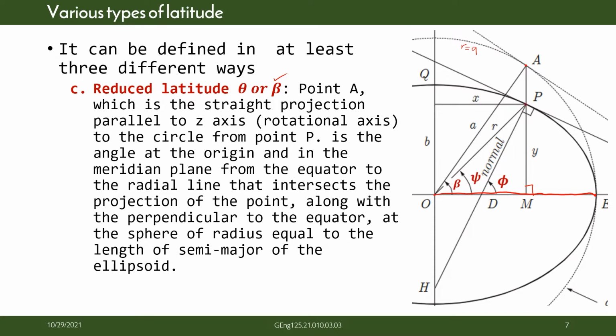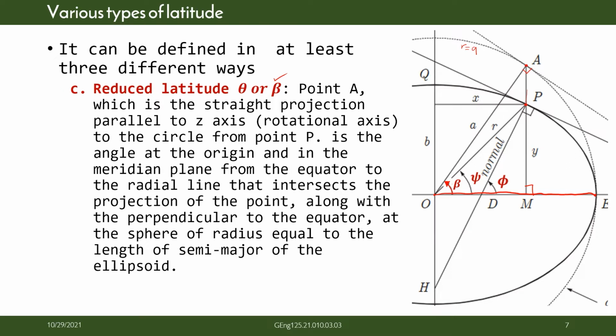Here we have the same point, but we project it up until we intersect the circle. How do we project this? It is parallel to your rotational axis. Once we intersect, then we have your point here. From here, that is normal, then we project it to the center, thus forming a line, and we project the reduced latitude.